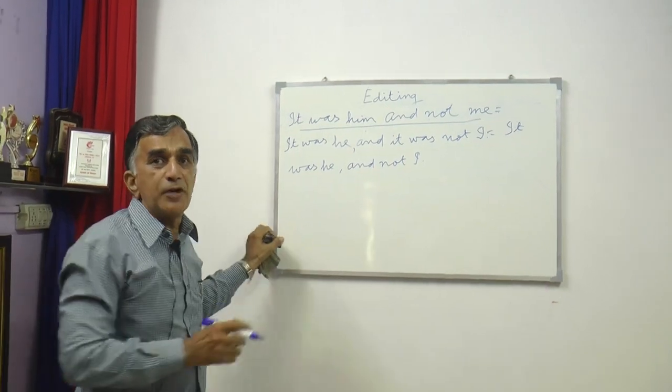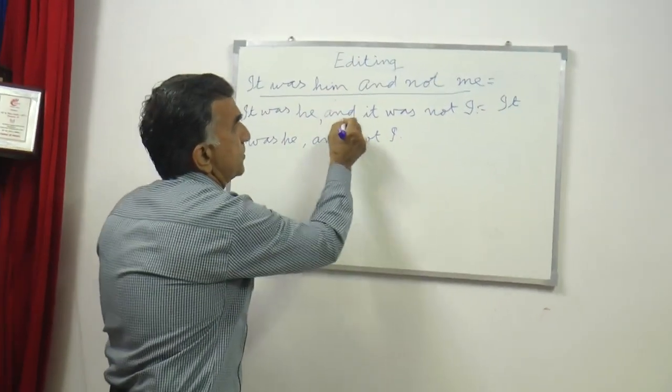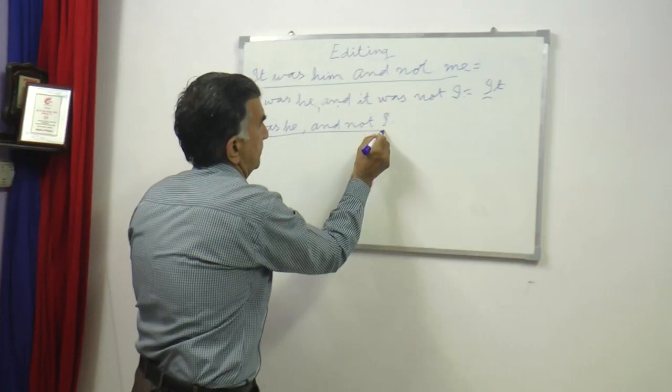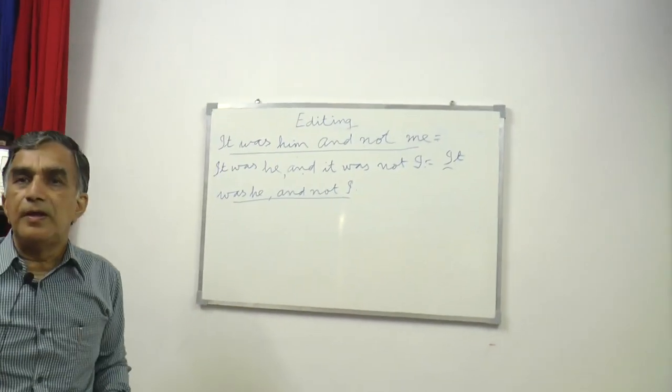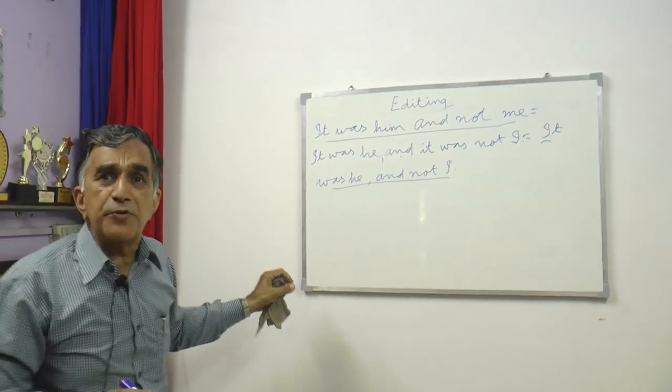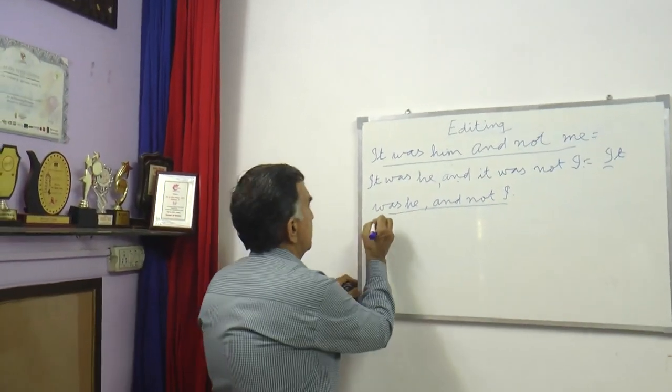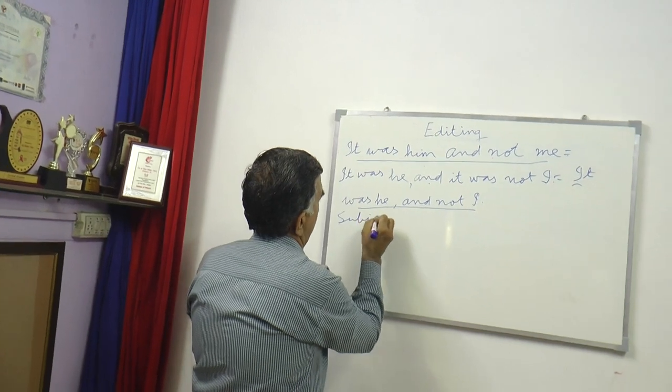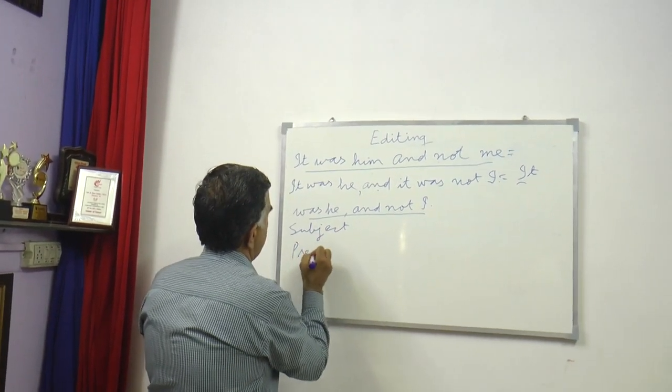What is the background of converting this into this and finally this? Here comes the role of structure of a sentence. Every sentence has subject and predicate.